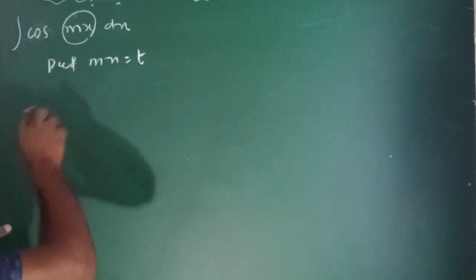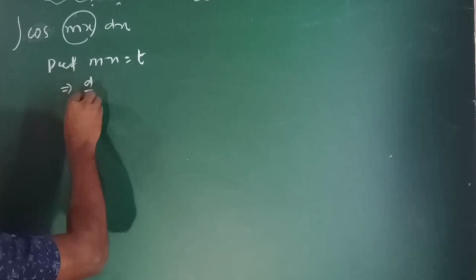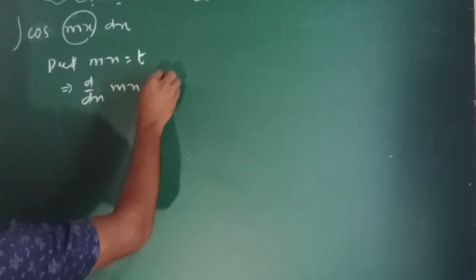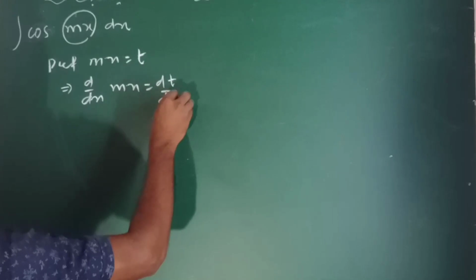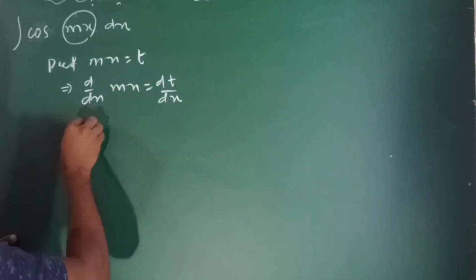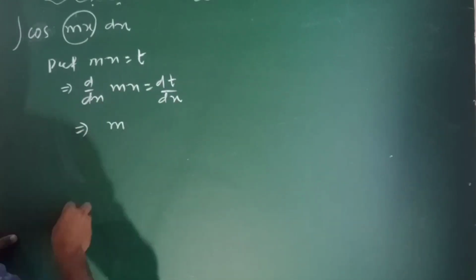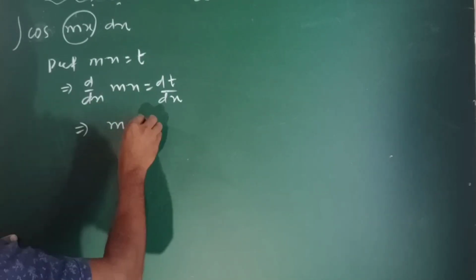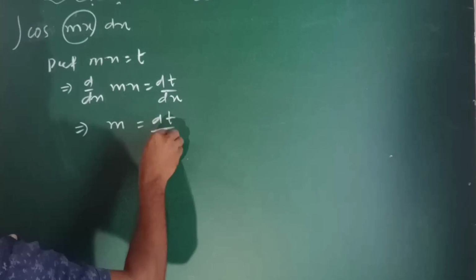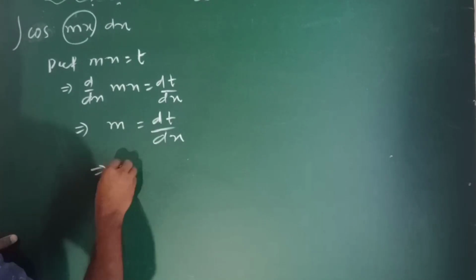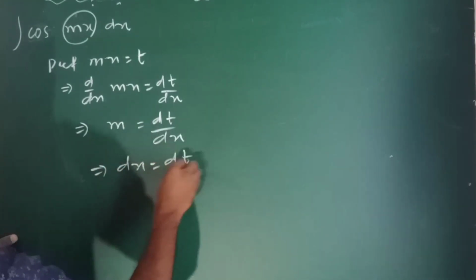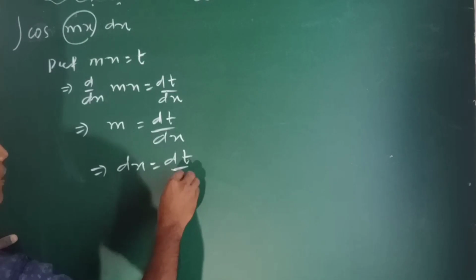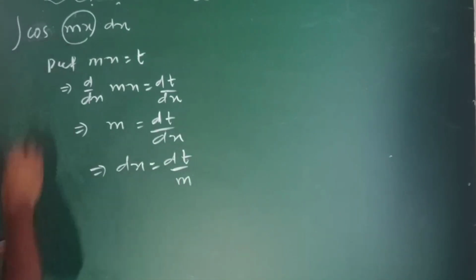After substitution, differentiate both sides. The derivative of mx is equal to the derivative of t, that is dt by dx, which implies m, and m into the derivative of x, which is 1, equals dt by dx. This implies dx is equal to dt by m. So put it here.